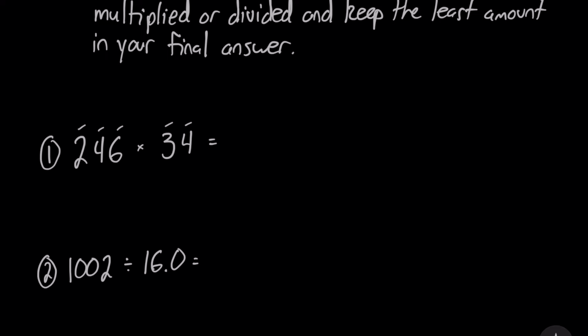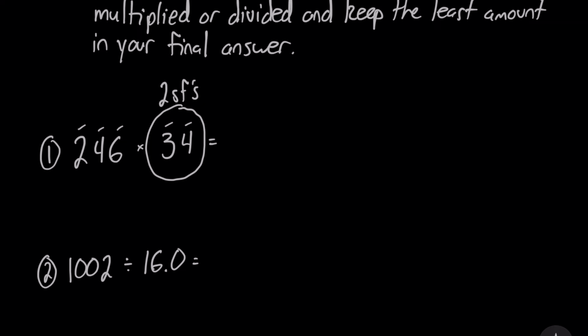Our number with the least amount of significant figures is 34, and it has 2 sigfigs, so I'll write down 2 SFs. That means in our final answer, we must round to 2 significant figures.